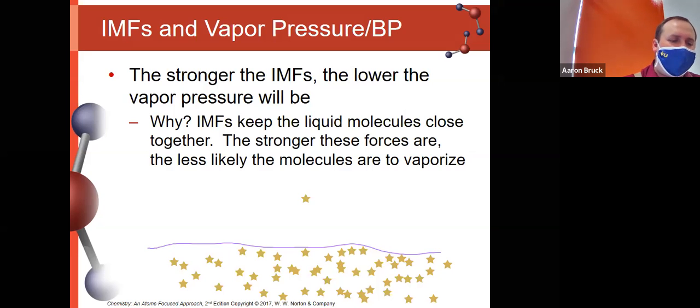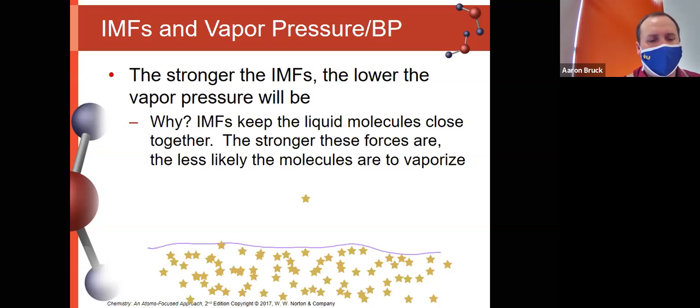The more strongly attracted these molecules are, the more difficult it's going to be to get them to vaporize. The less attracted they are to each other, the easier it is, the less energy it's going to take to rip them apart from each other.